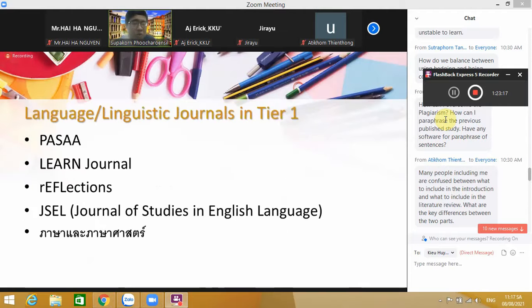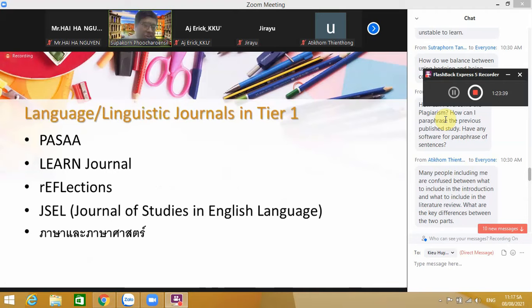And if we want to scope down to our fields in language and linguistics, right? The journals that are in tier 1 are ภาษา, Learn, and Reflections, and please note that these 3 journals are also included in Scopus as well.